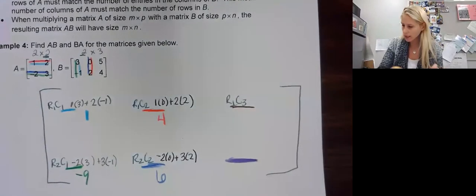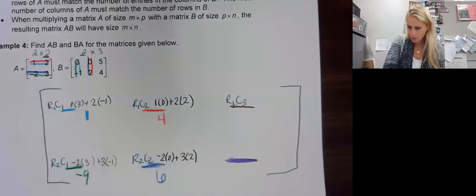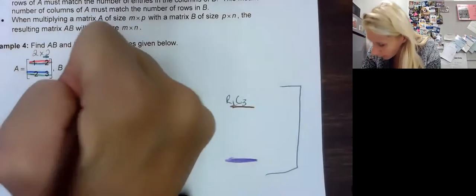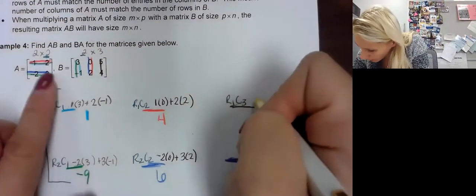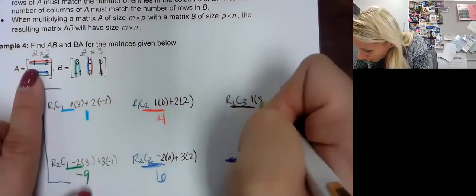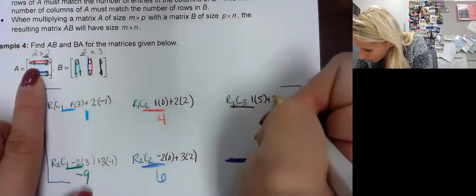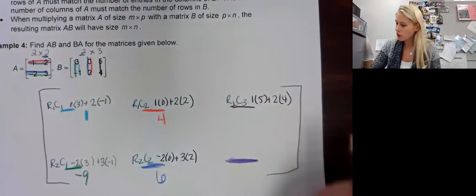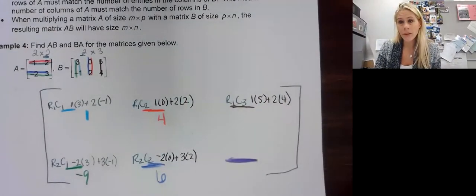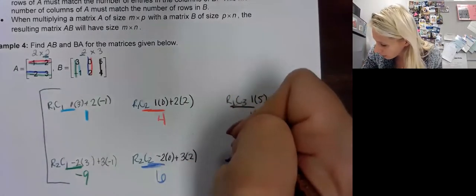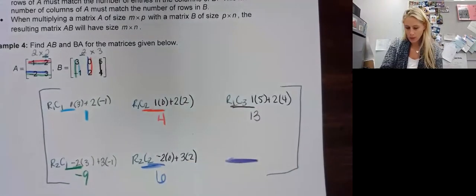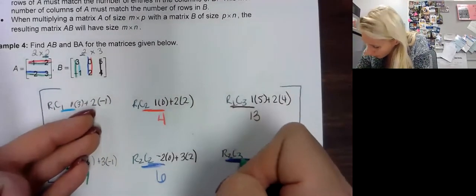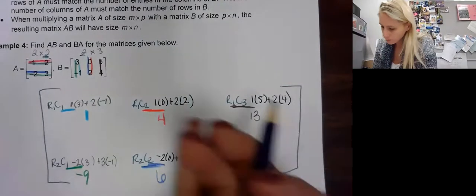so that you don't make mistakes later, okay? So row 1, this is my brown. Row 1, column 3. So we get 1 times 5 plus 2 times 4. So 5 plus 8 is 13. And last one, guys, row 2, column 3, in purple.